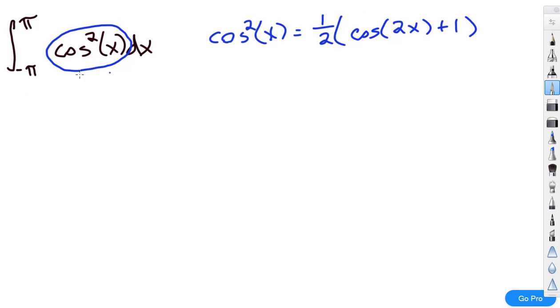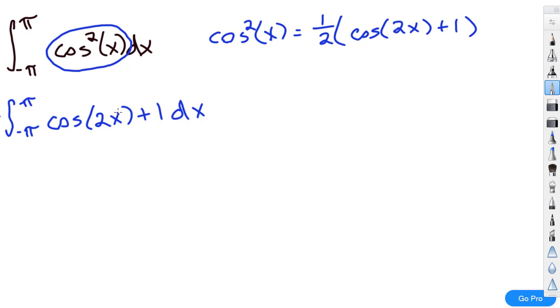Remember, I haven't set anything equal to u, so I don't need to do any substitution yet. So this integral is going to be negative pi to pi, and that 1/2 in front is just a constant, so I can throw that out in front. Cosine of 2x plus 1 dx.